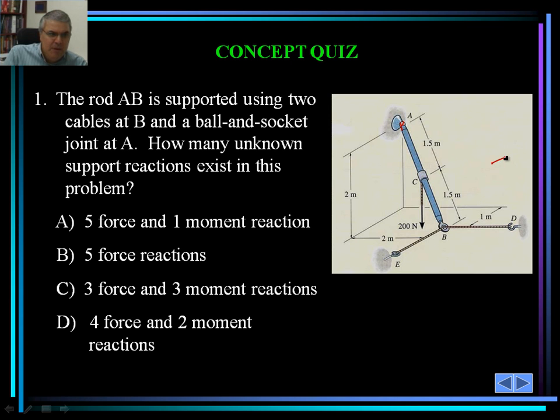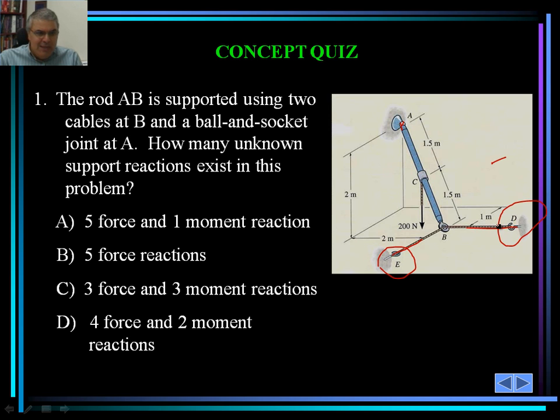They're connected at point B, but one is this cable, and one is the other cable that I just marked in red. Look at the condition of the supports at E and D, and try to determine how many reactions would be developed at E and D. And this is a 3-dimensional problem.